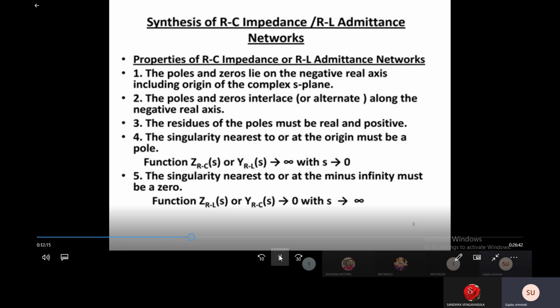At the origin or nearest to the origin, it will be a compulsory pole when it is RC impedance and RL admittance. If it is RL impedance and RC admittance, it will be a zero.